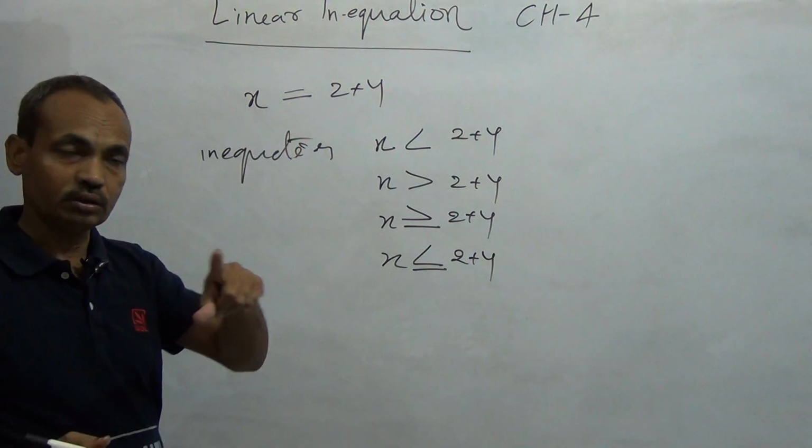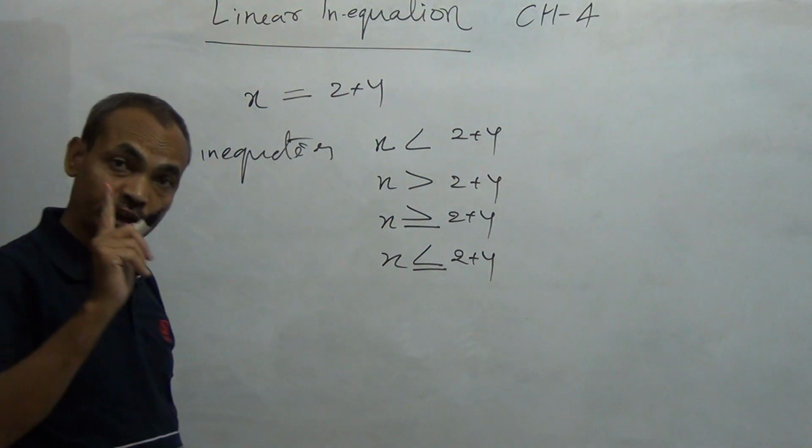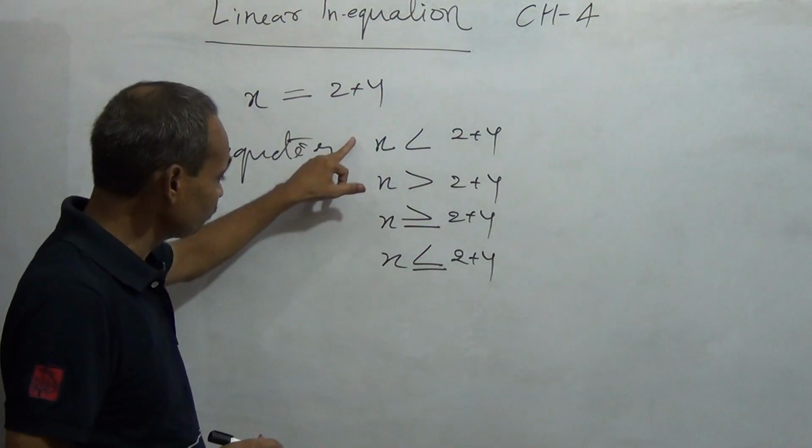In equation, LHS is equal to RHS, but in inequation there are 4 conditions.